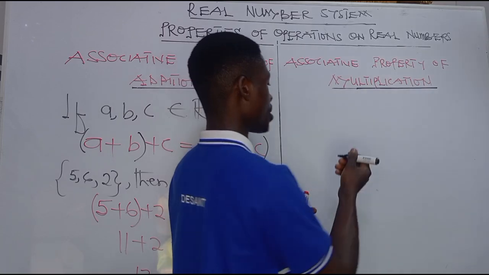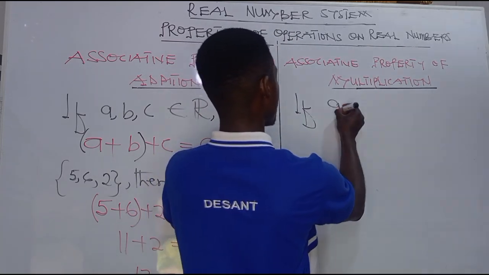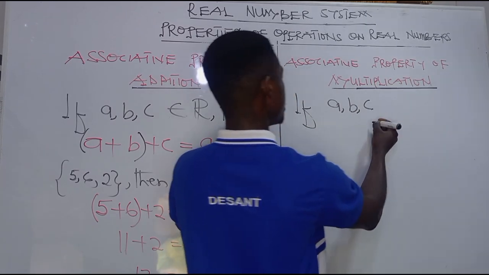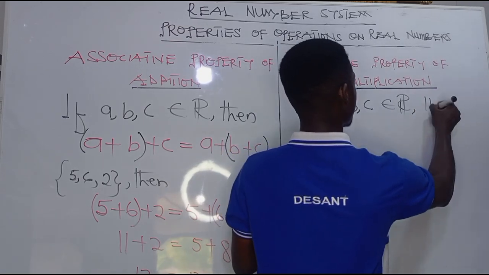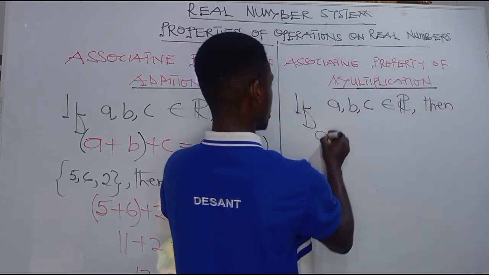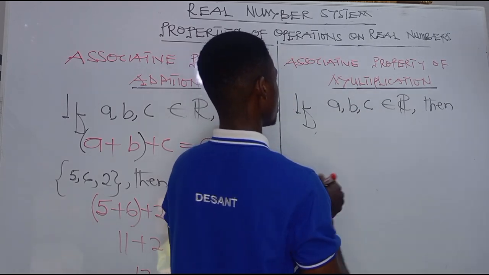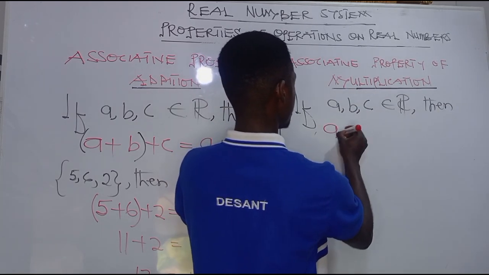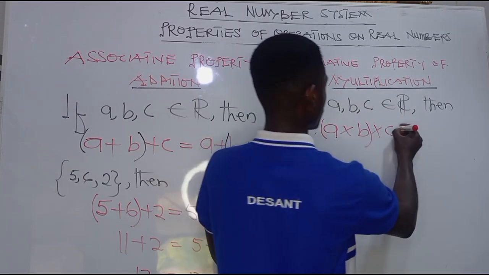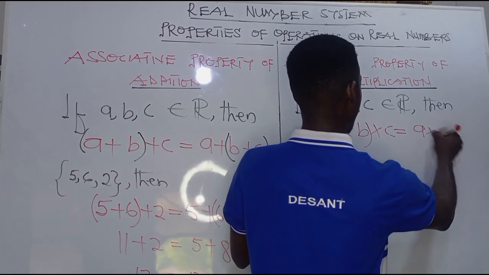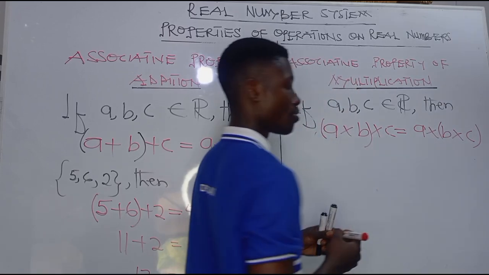So if we pick three numbers from the set of real numbers, A, B, and C belong to the real number system, then we can say that (A times B) times C, grouping the first two numbers, is the same as A times (B times C), grouping the last two numbers.